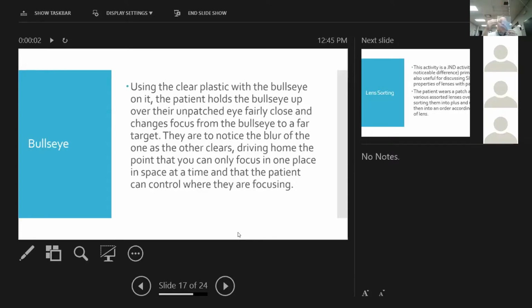And when they look through, because we can only focus on one place on the z-axis, if they've totally relaxed their accommodation out to the object of regard, then this should be all nice and blurry.